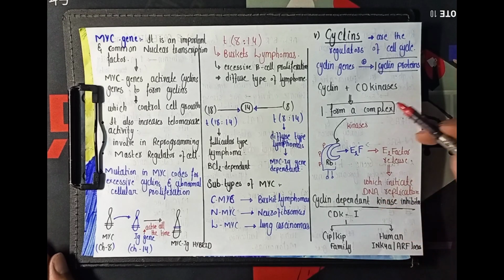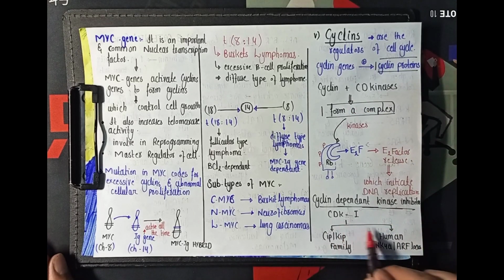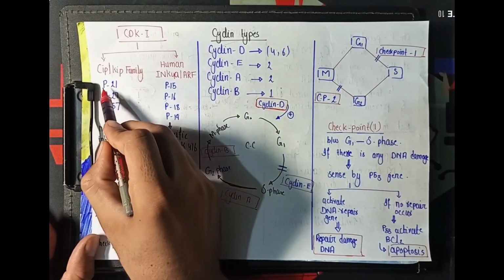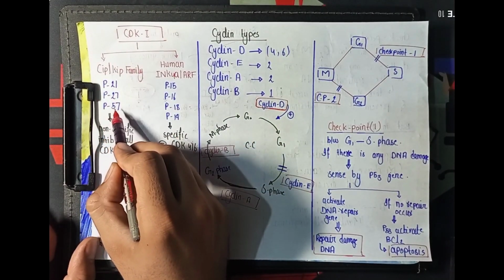To control the activity of the cyclin-dependent kinases and cyclin, there are cyclin-dependent kinase inhibitors. And the cyclin-dependent kinase inhibitors have two families. One is the CIP-KIP family, and the second one is the INK4A and the ARF loci family. So the first one is the CIP-KIP family. They include P21, P27, and P57.